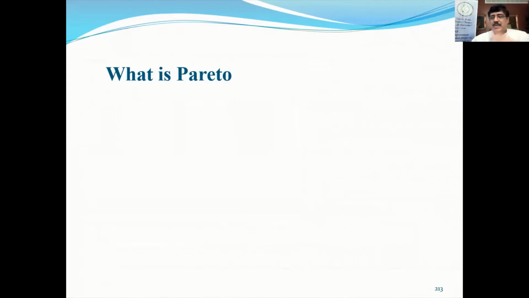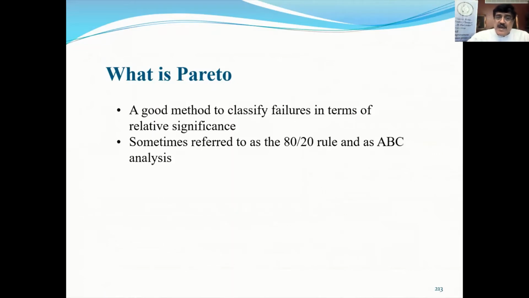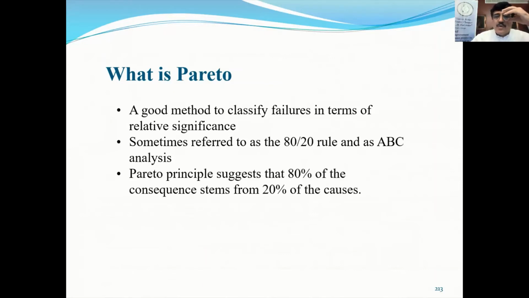You should know what Pareto is. Pareto is a method to classify failures, or anything actually, or defects, in terms of relative significance, and it is sometimes referred to as the 80-20 rule. I'm sure many of you have heard the 80-20 rule. And sometimes it's called the ABC analysis. A is the most significant, and B less significant, and C, and so forth. So this is another way to call it.